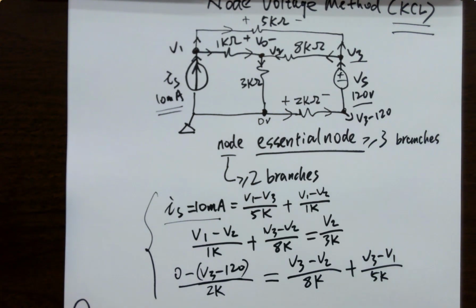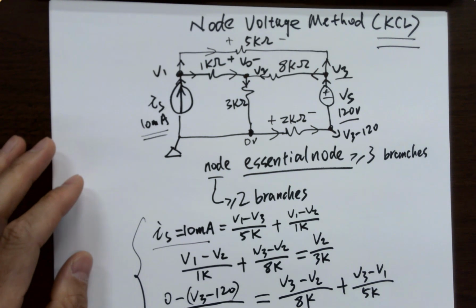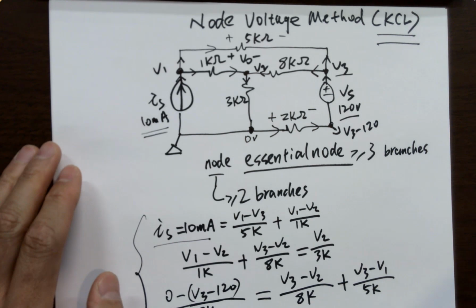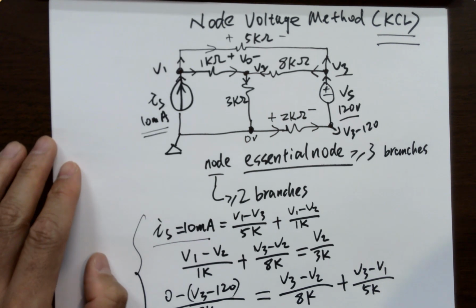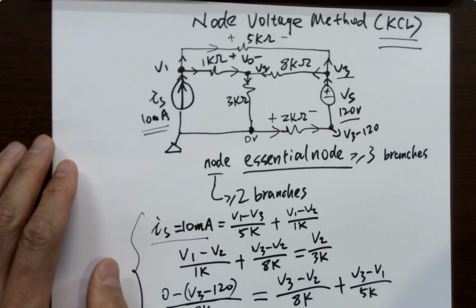What's it asking? Find the current leaving the node through the current source. The current leaving the node. Find the current leaving the node through the current source.